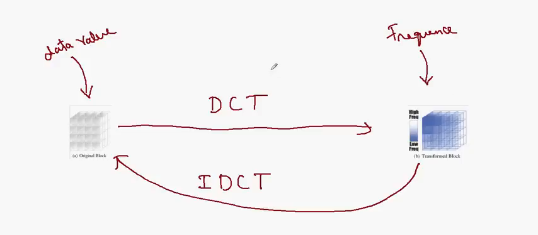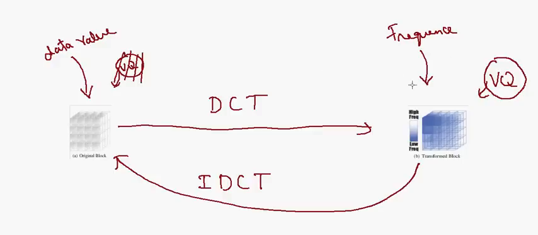There is an advantage of applying vector quantization here. In the previous video we were applying the vector quantization directly to the data values, but now we will use vector quantization in the frequency domain, and we will see the advantage it gives.